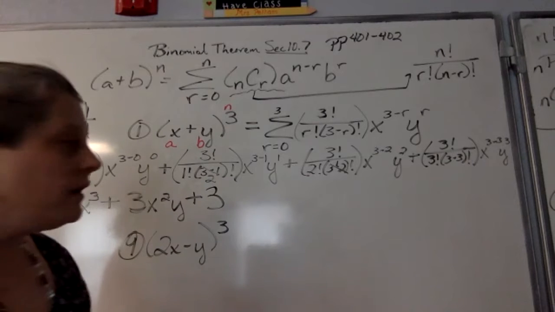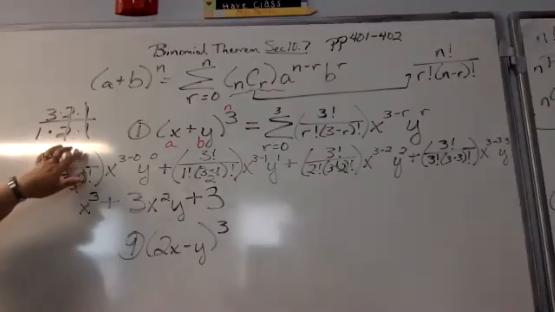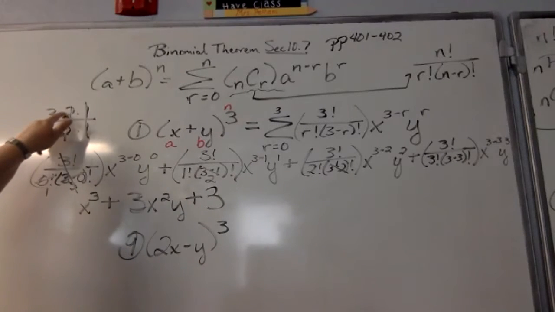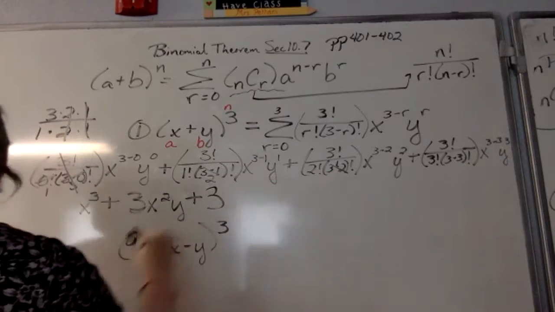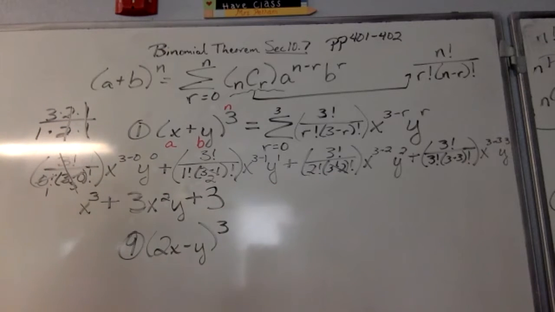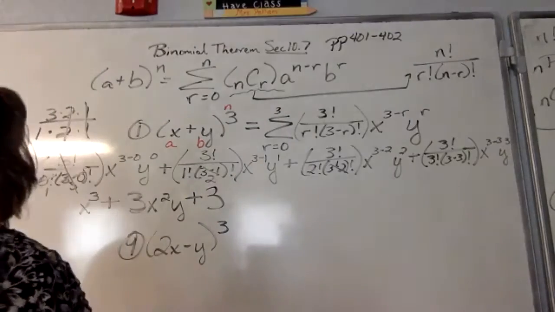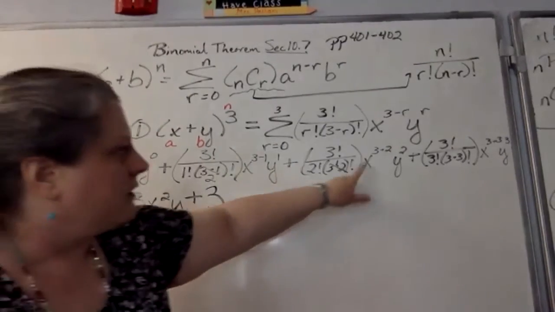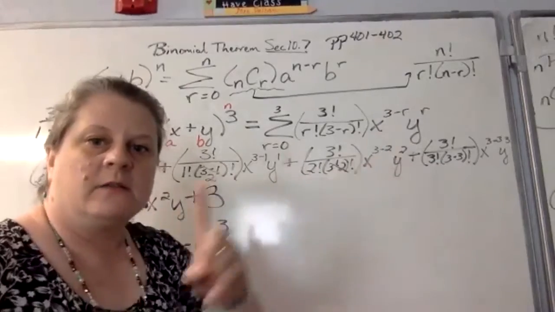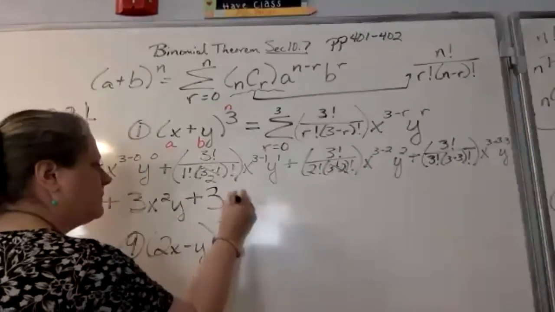If you don't get that, then you write them out like I did over here. 3 times 2 times 1. This would be 2 times 1. This would be 1. And then you cancel out what you can. Now, for this one, 3 minus 2 is 1, so I'll have x.